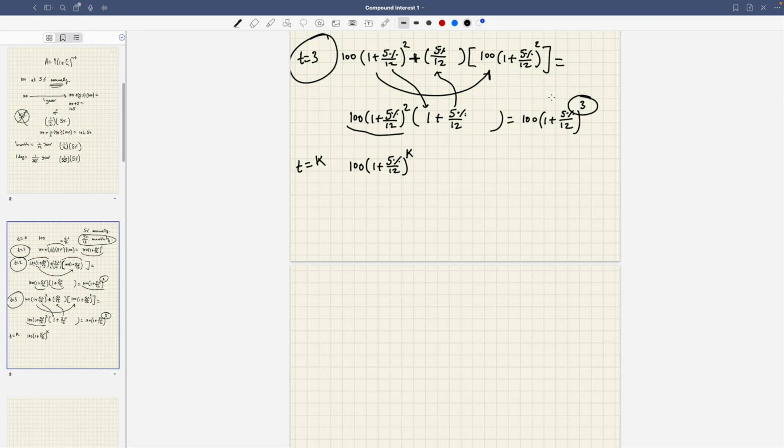Now, obviously, we didn't have to stop at month 3. We could have continued to say month 12, for example, and it would have looked like this. To the 12th power, right?